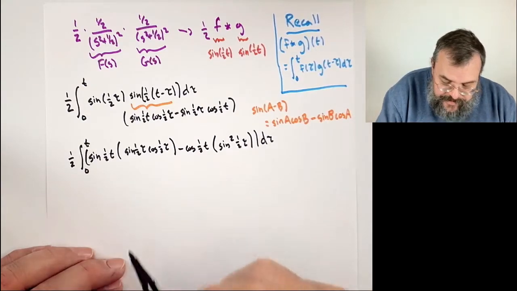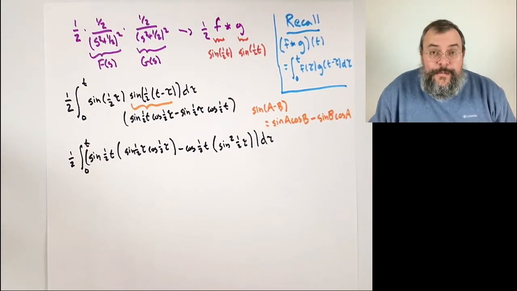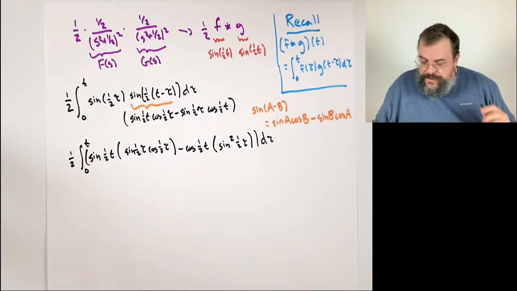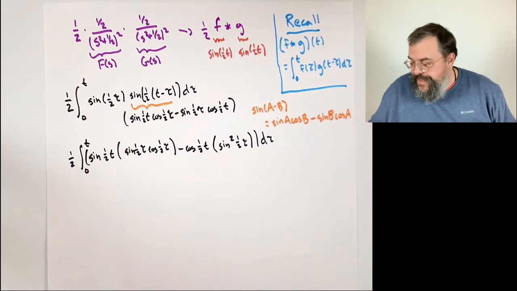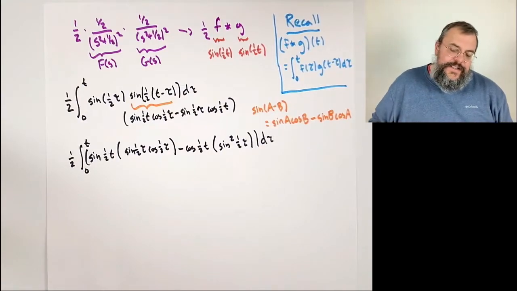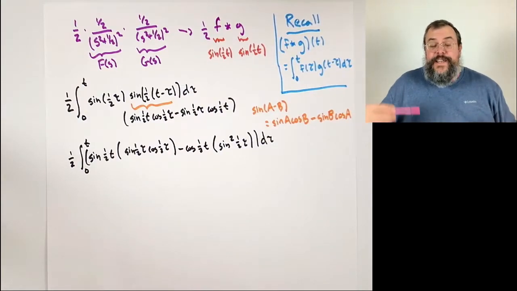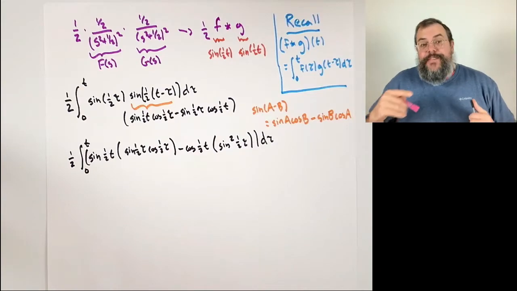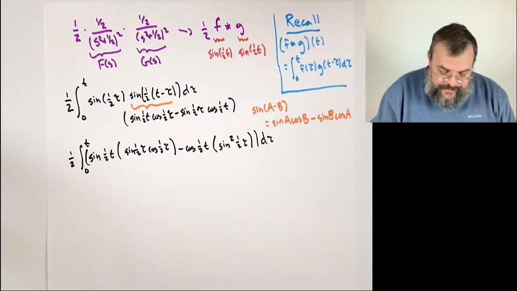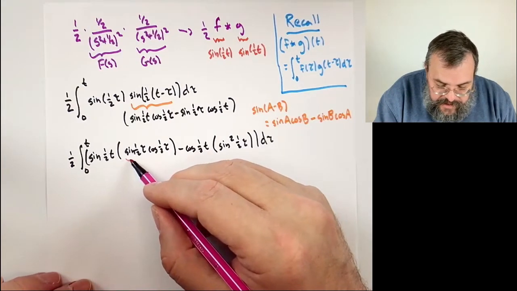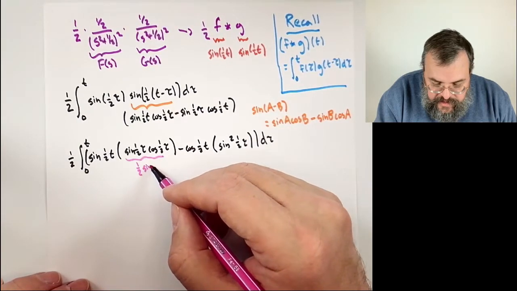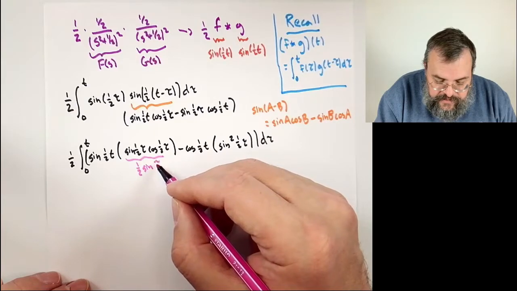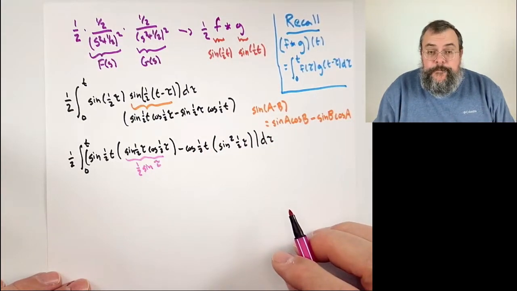So now we go to power reduction. And these are things that we don't need to have that formula because we know power reduction. So sine theta cosine theta is basically sine 2 theta, except there's a factor of 1/2. So this part right here is 1/2 sine 2 times 1/2, so 1/2 sine tau.